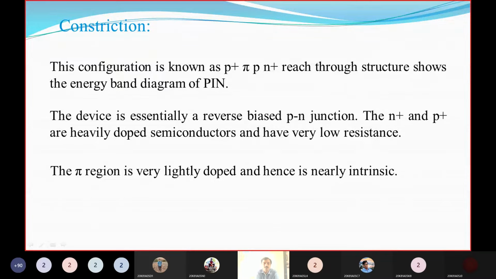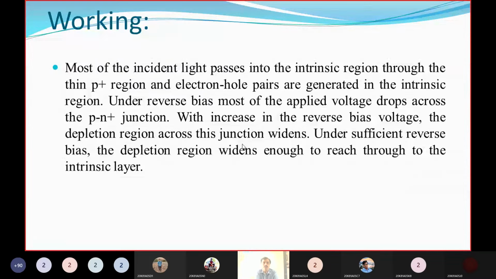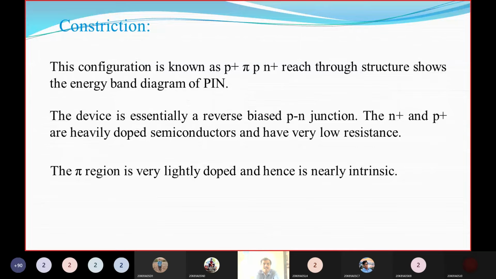Now working. How does it work? Most of the incident light passes into the intrinsic region. Before going to the working, I will explain what the avalanche effect is. We already discussed breakdown. In a PN junction diode there are two types of breakdowns: one is avalanche breakdown, the other is Zener breakdown.